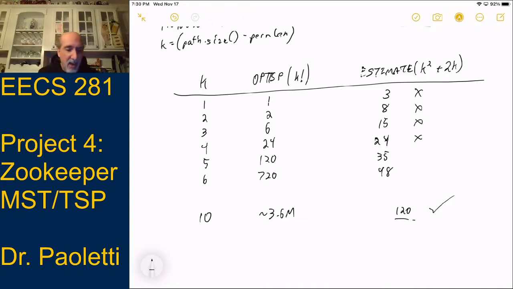What this means is that when the unvisited is small enough, promising should just say true. I'm not going to calculate anything. I'm just going to tell you it looks good. And this, just this one if, can make a big difference. Now remember, promising is going to be called v factorial times. We wouldn't want to put an if here if it wasn't going to pay off.